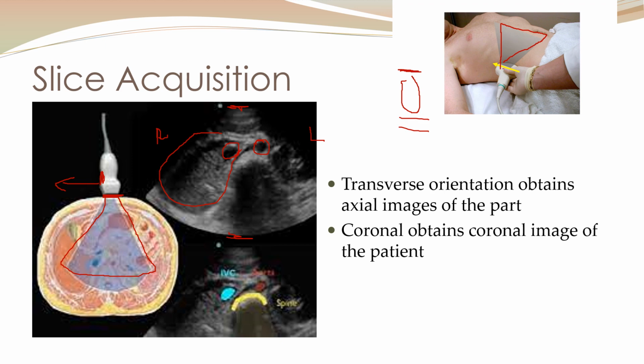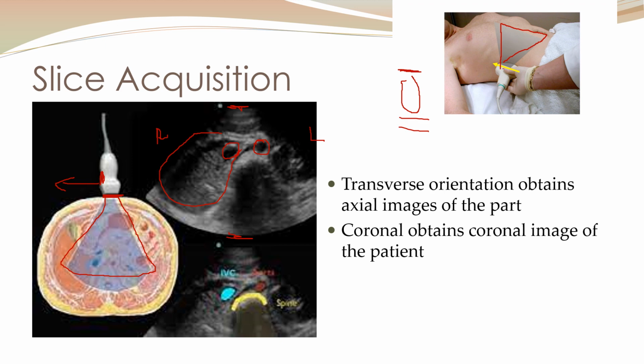Now, coronal scanning works really well if you have a patient that has a lot of gas in their midline and maybe you're checking something with the IVC or the aorta or something, and you're getting a lot of shadowing through those vessels in the patient's midline. Coronal works really well to allow us to go around gas and then still obtain the image that we need to obtain.